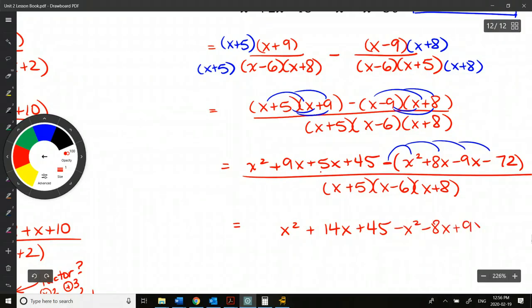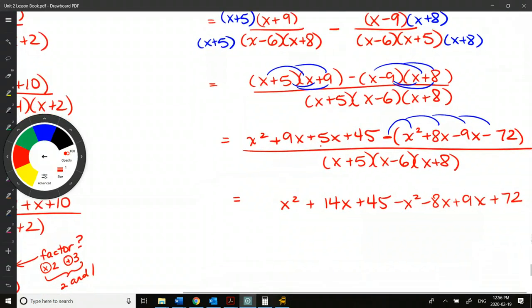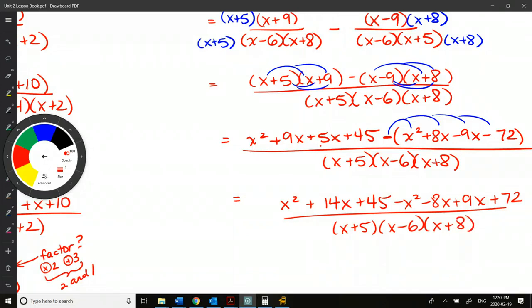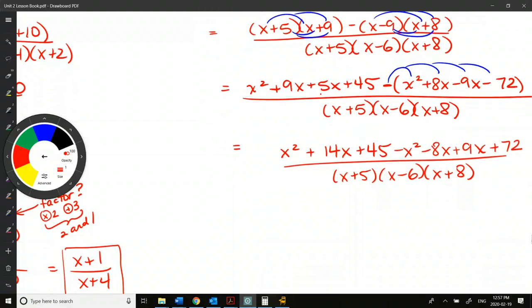I don't necessarily need to see every single one of these steps. If you feel like you can do a couple things at once without having to show it all, that's fine. But it's always good for checking your work if you show your steps. That way if you're looking back through, you can see if you made any mistakes. Okay, we're almost there. We're just going to gather any like terms. So x squared and negative x squared, those cancel each other.